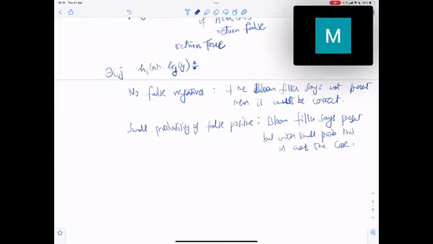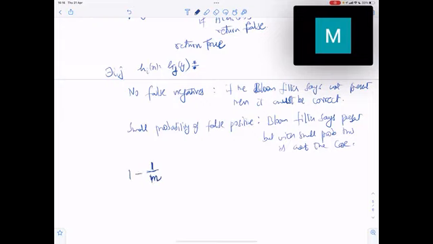What I'm claiming is this. By a single hash function, the probability that a particular bit is set to 1 is 1 by m.